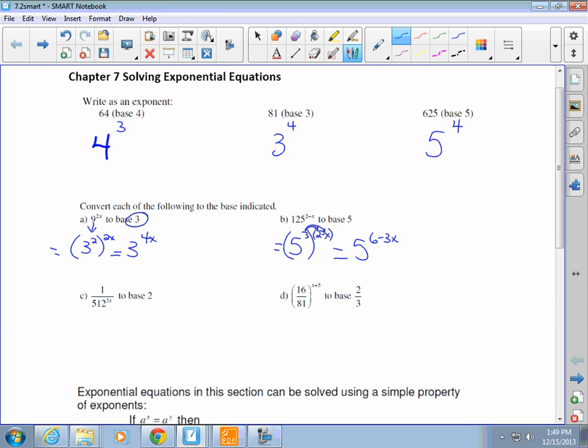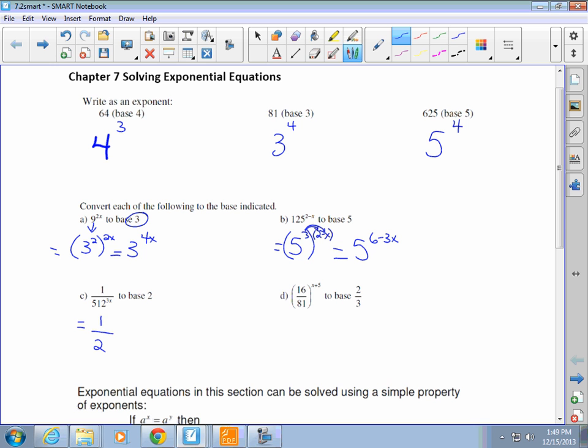1 over 512 to the power of 3x, they want that to be a base of 2. So 2 to the power of what will give you 512? You can do this on your calculators, or you have, from one of the first units, the chart that I think goes up to the 9th power or something like that.